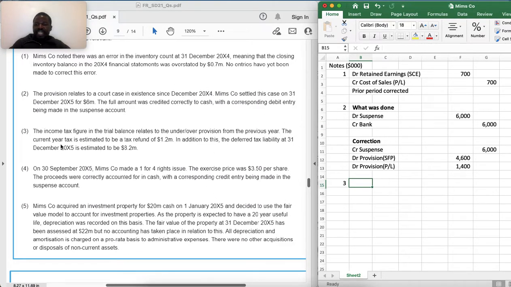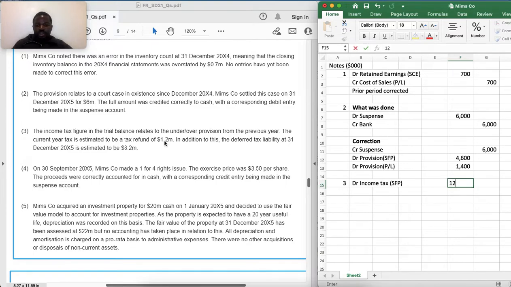The current year tax is estimated to be a tax refund of 1.2. So how do we recognize the tax refund? We recognize an asset, an income tax asset in the statement of financial position, because normally the regulator doesn't refund, but if it refunds, then we credit our asset and debit bank.